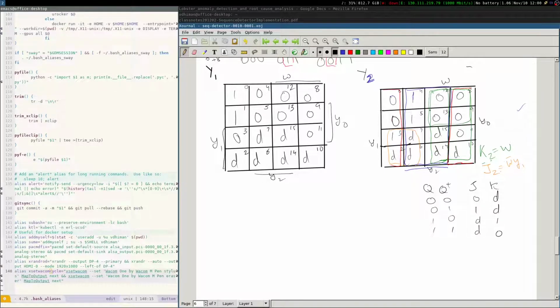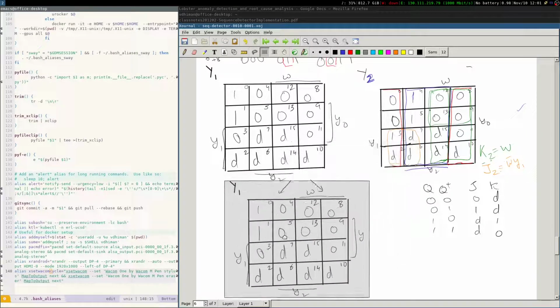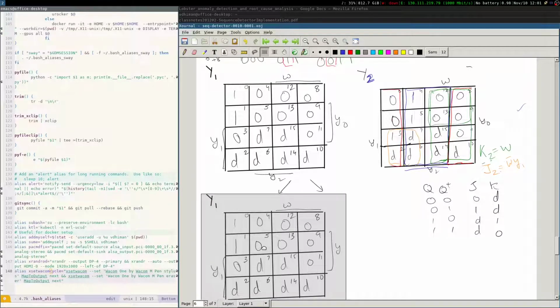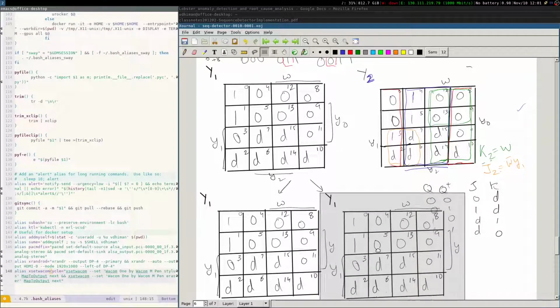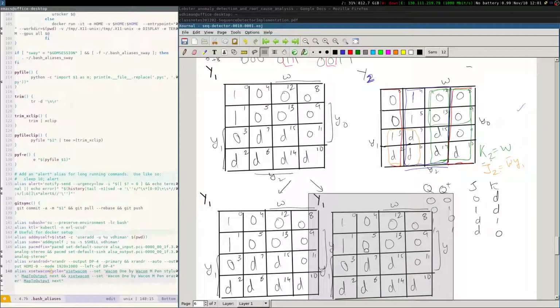So here we can very simply create J and K maps from y1.